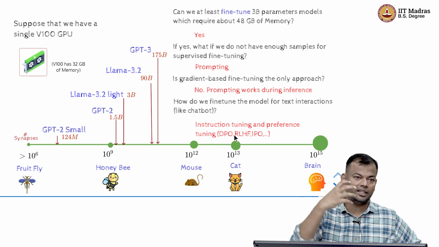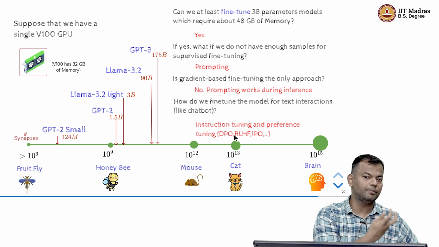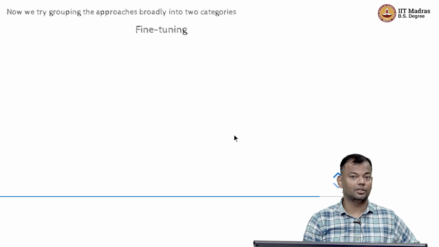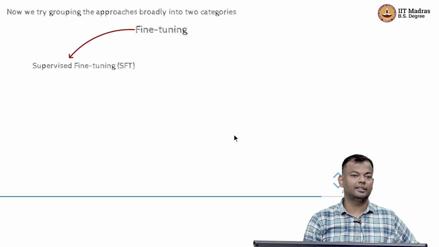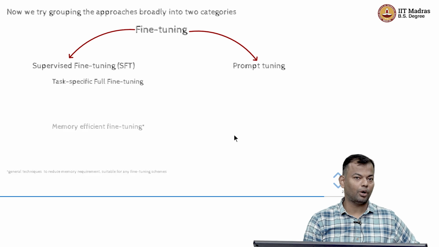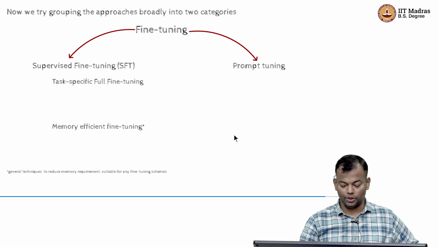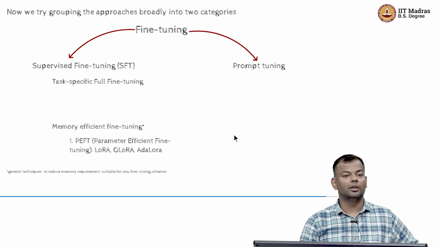All of these are things that you can do on top of the base model that we trained in the last class. And these can be classified into two broad categories: supervised fine tuning, either task specific, or memory efficient fine tuning, where we had the PEFT approaches.